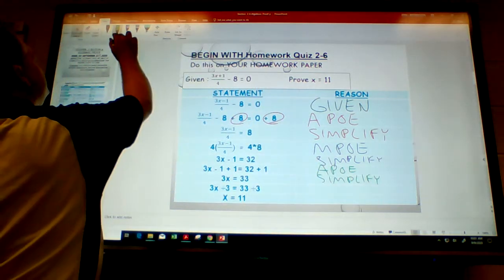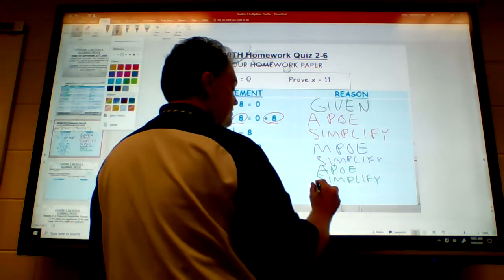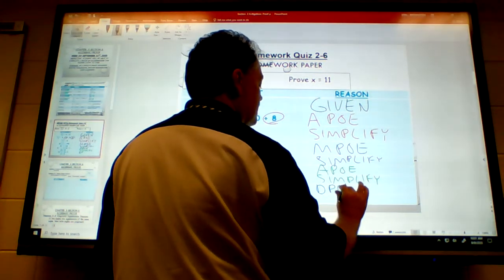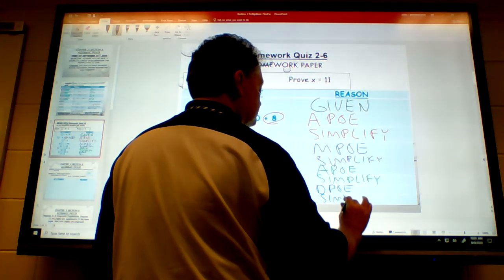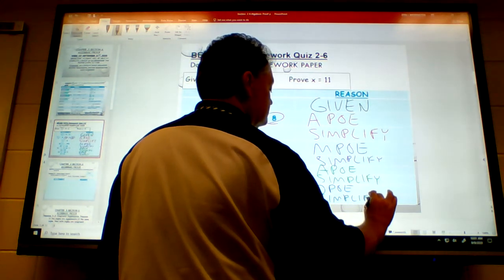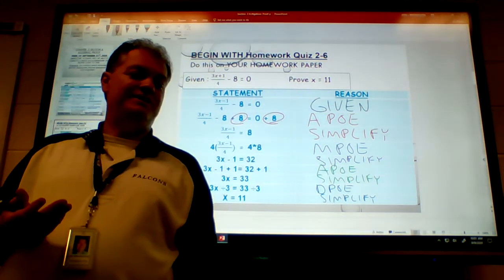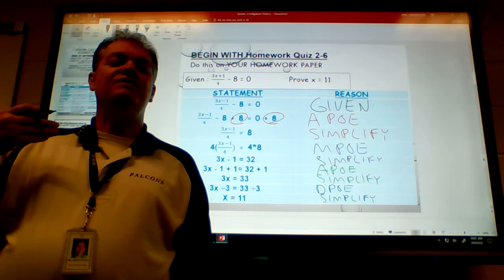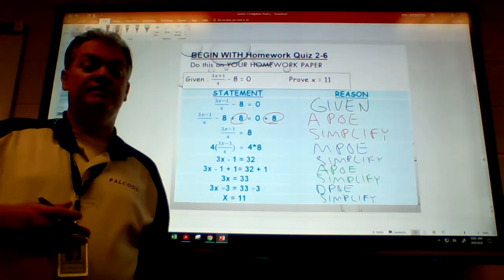Then divide by 3, and that there is an example of the division property of equality. And then you've got simplify. Now these, like APOE and DPOE, are not going to be in every problem, but they're in these algebra related problems that you've dealt with.